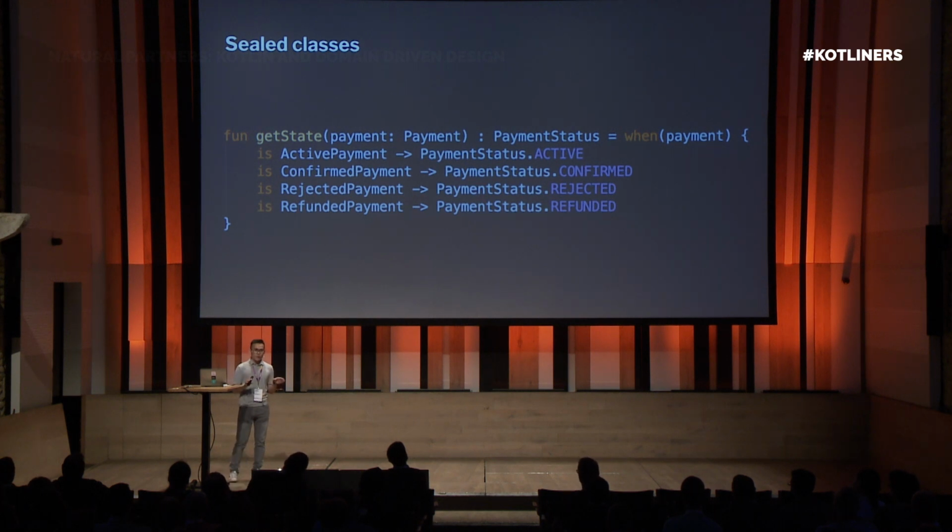If your payment object is not null, you don't have to worry about whether it will actually be in this state or not, because all the possible implementations of the sealed classes are there. So the compiler knows itself that there will be no other implementations, and we don't have to implement else. And I believe it's beautiful. I mean, this is working, compiling, so in my opinion, it's just great.